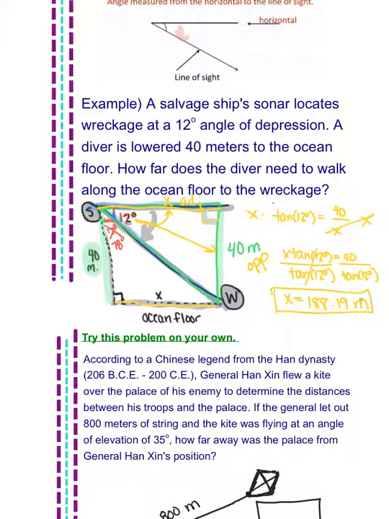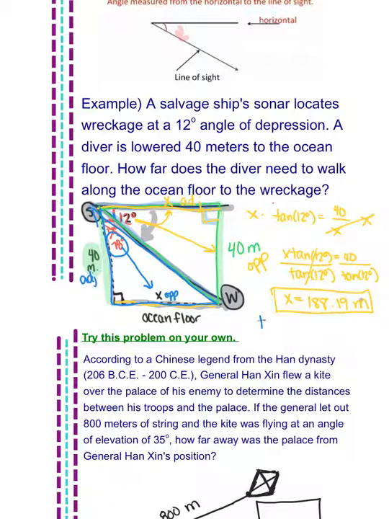I also want to point out that if you had not used this triangle that I used, if you had used the 78 degrees right here, using this triangle, your setup is very similar. Here's your 78 degrees, but now X is your opposite side, and 40 is your adjacent to this angle.